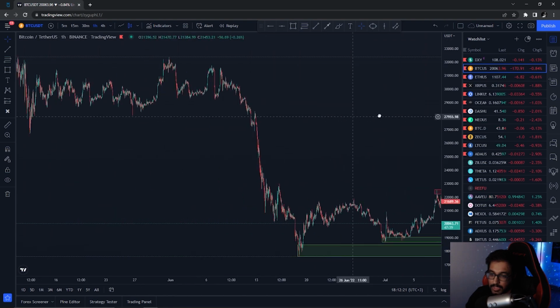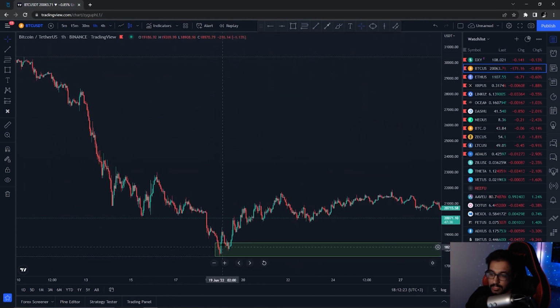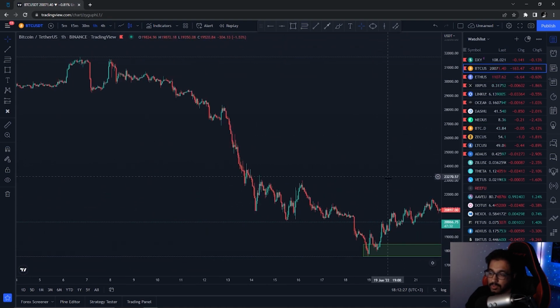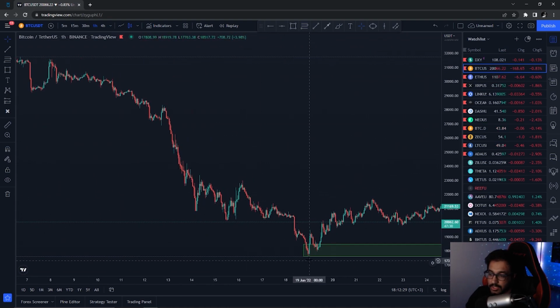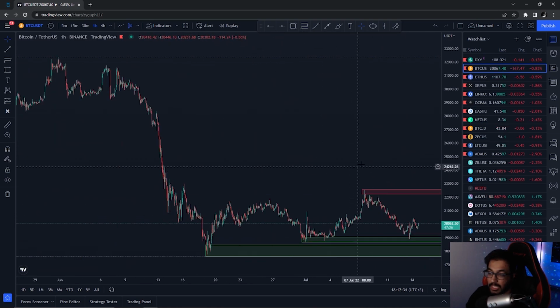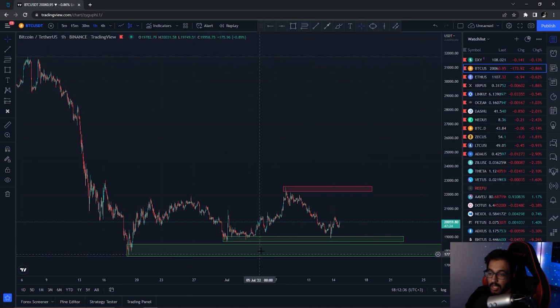There we go. This can also be labeled as an order block. Order block is where the market comes to a halt and it starts collecting orders before making its next move. So now, as we can see, the market created this.